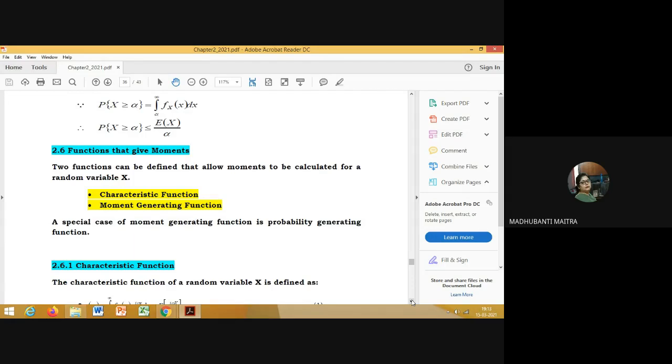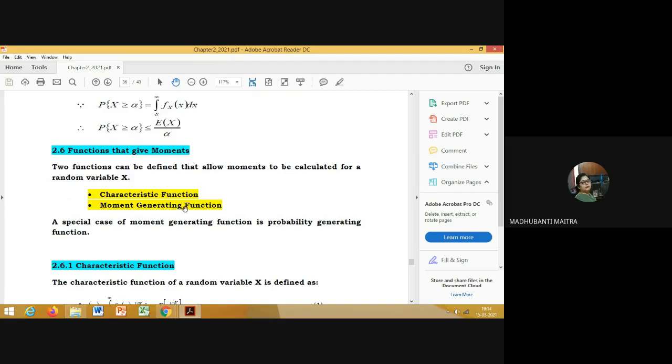To compute the values of the moments, we use two functions, named the characteristic function and the moment generating function.